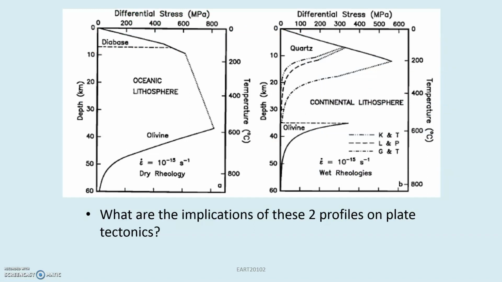But plate tectonics does seem to fit to some extent with these two strength envelopes. If we think about the differences in plate tectonics between oceanic and continental lithosphere, they are reflected in the strength envelopes. For oceanic lithosphere, the plates are mainly rigid and don't deform much and just move around on the Earth's surface, which fits with a very strong lithospheric plate above weak asthenosphere.